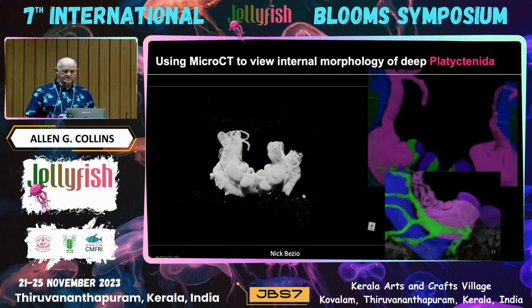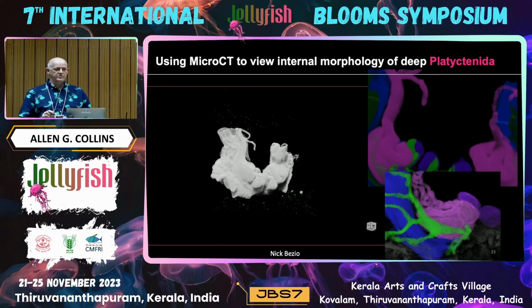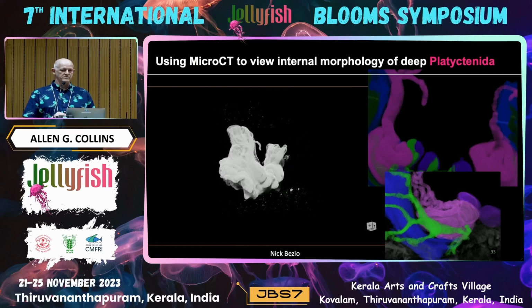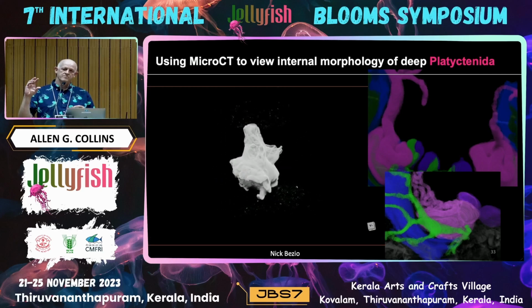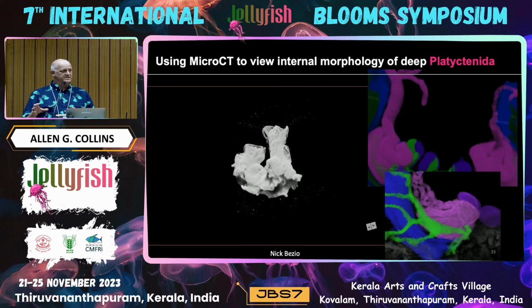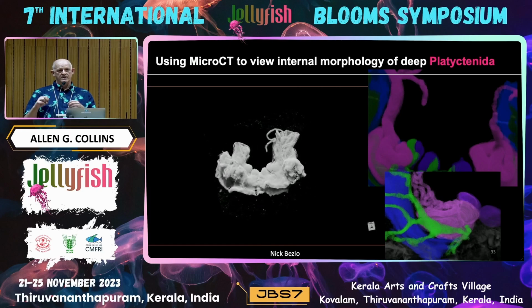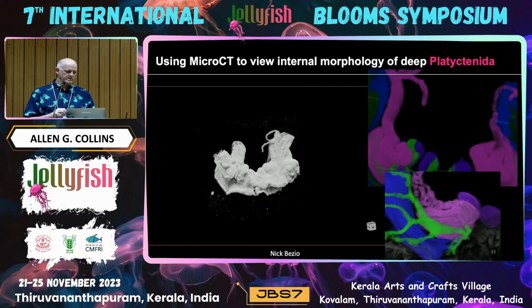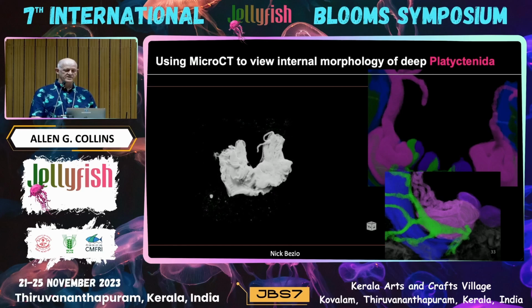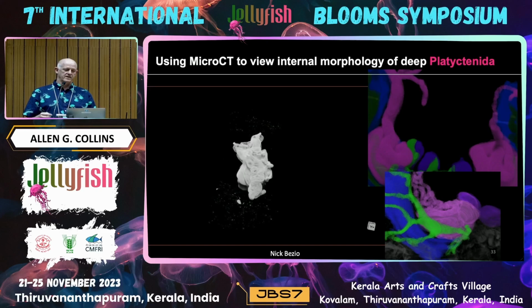Now for this work, Nick has been doing computed microtomography, so micro-CT, and unlike most comb jellies, the platytenes are quite good at preservation. So these are preserved, and then they're amenable to being put in the micro-CT and studied.